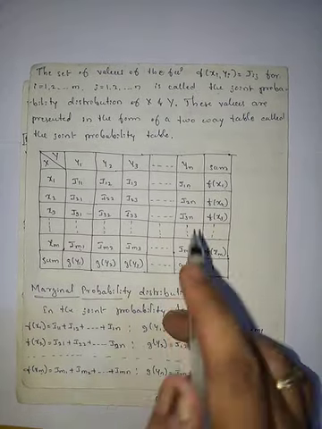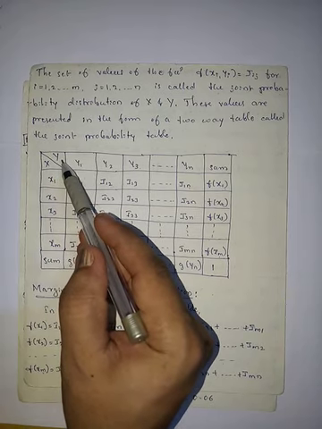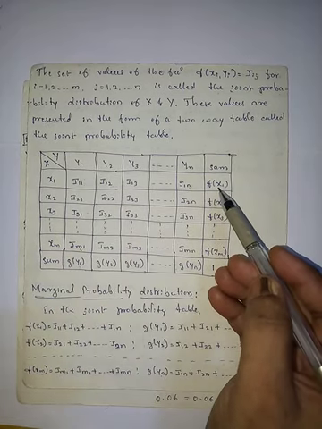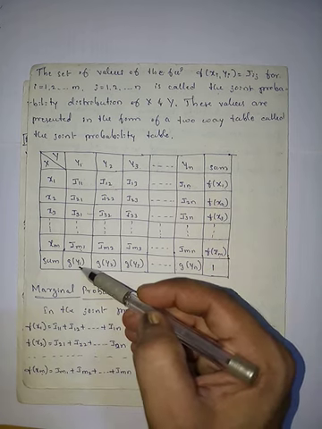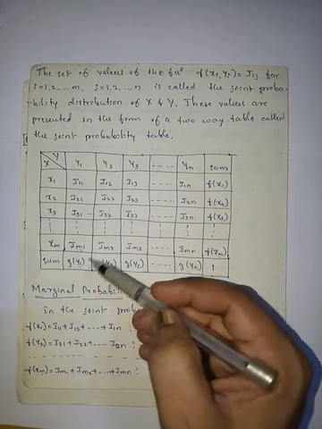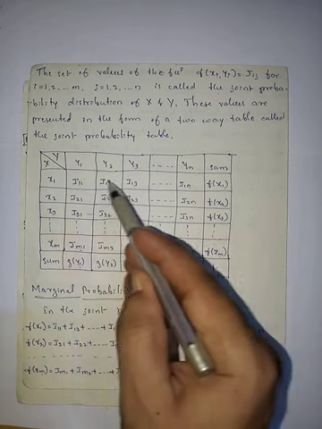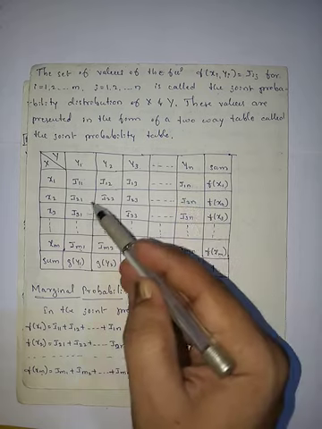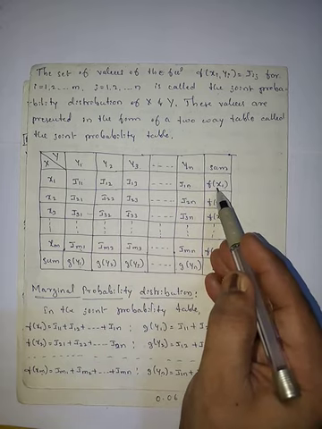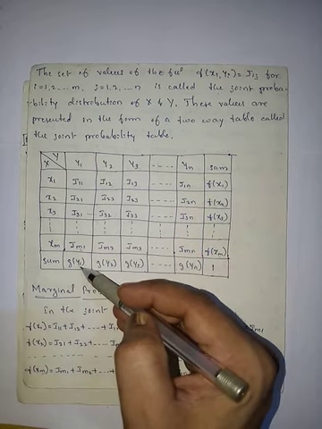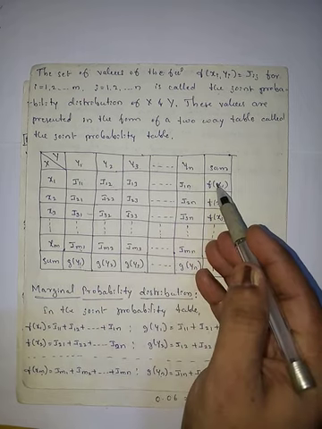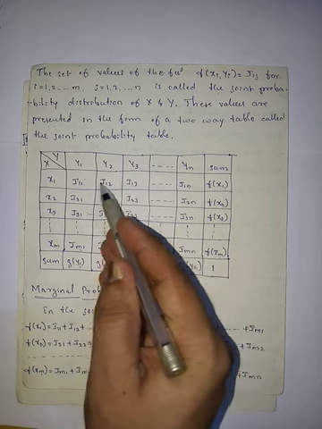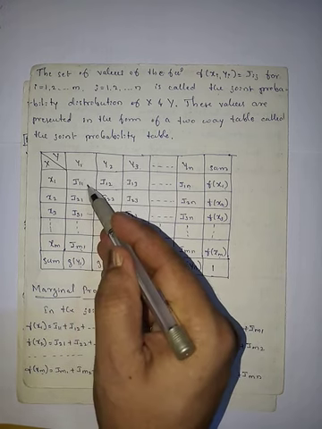You can say that x and y are independent when we take the product of the marginal distributions, like I take f of x1 into g of y1. In the problem we have numbers in the table. When you take the product of these numbers, the corresponding entry in the table is j11.